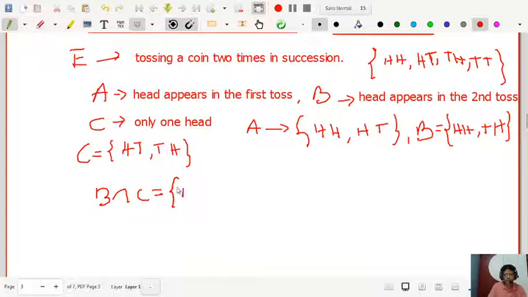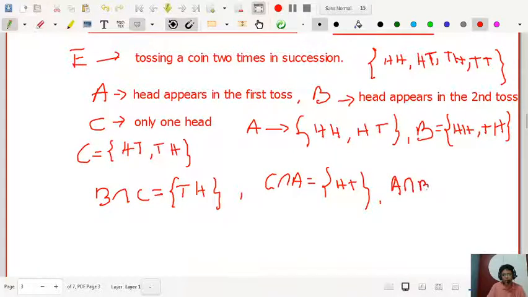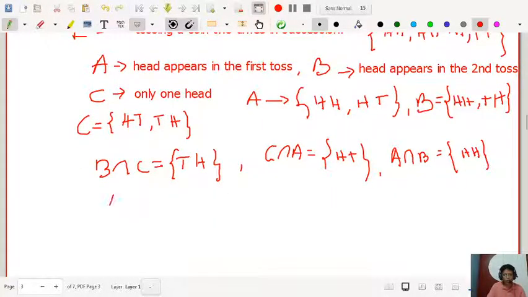That is your tail head, right? What is your C intersection A? Head tail, right? What is your A intersection B? That is your head head, right? Okay. And what is your A intersection B intersection C? You look at that, that is phi, the null set, right? You go through the example, you will get A intersection B intersection C equal to the null set.